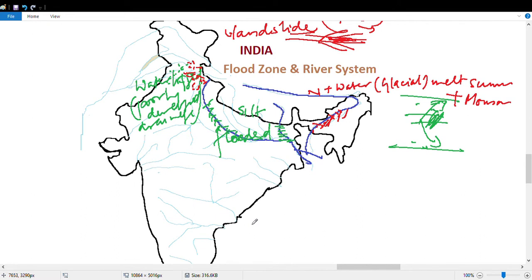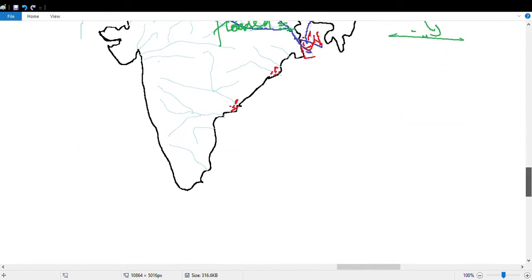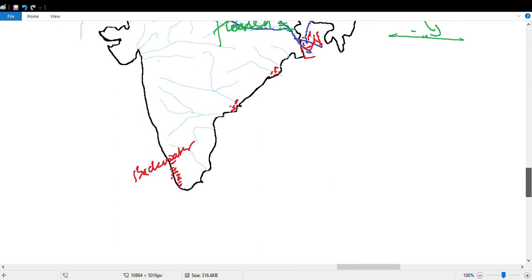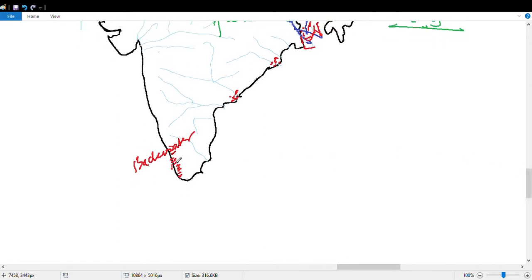Then there is another area. These areas are usually deltaic in nature, like those in Bangladesh, the Mahanadi, or the Godavari, or the Kerala part, where the backwaters of Kerala also carry a huge amount of sedimentation around the mouth, added with monsoon or heavy rainfall.